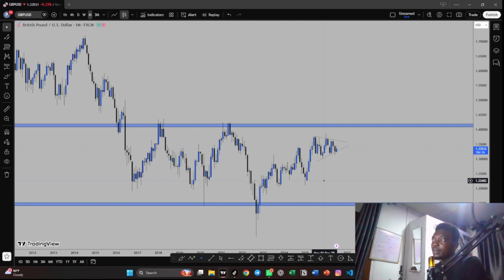Price can break to the upside or it breaks to the downside, but I'm expecting it to break to the downside. However, the market can choose to go up. Of course, we are going to look for bullish movement to this resistance, but if we are able to break below, then we can expect the collapse to start coming in.